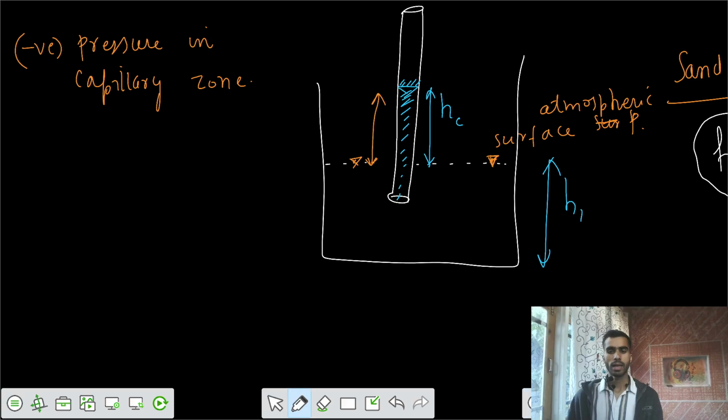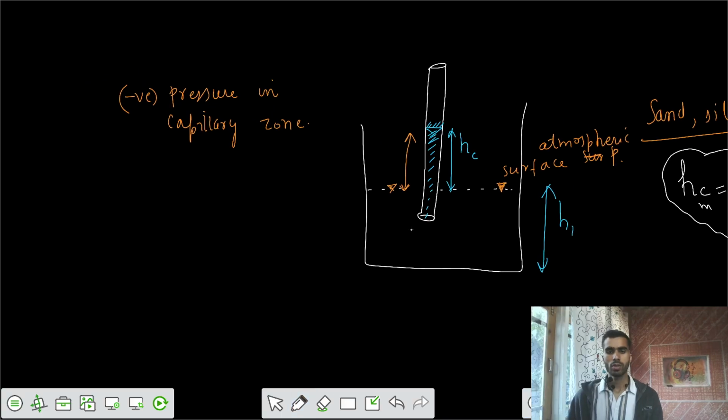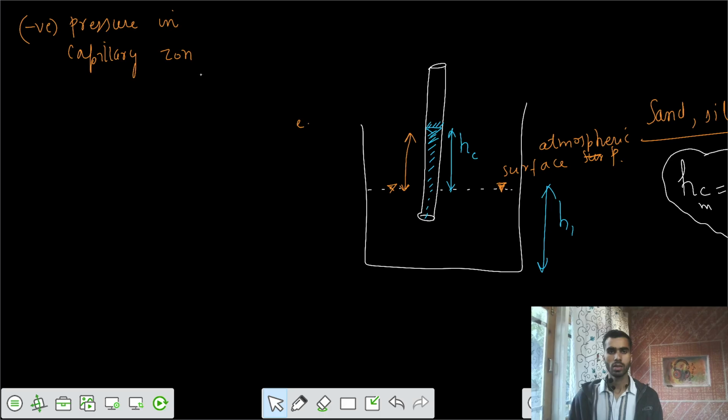So let's try to draw the diagram for your pressure variation. I would say that the variation would be somewhat in this way, such that the pressure here at the surface level is equal to zero, and accordingly it would vary up to this level.